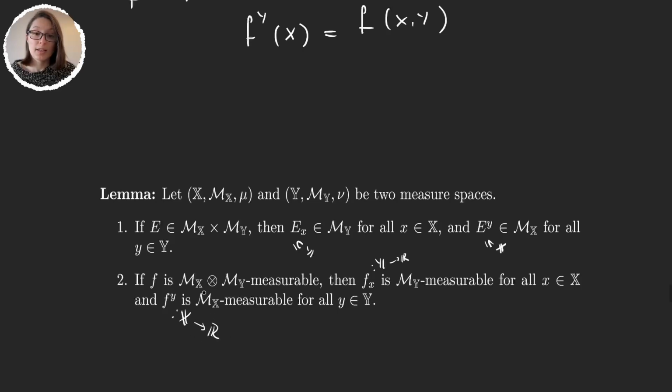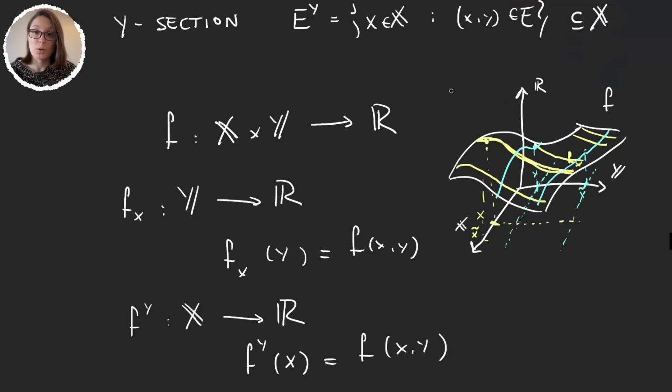These are X measurable, or sigma algebra of X measurable, for all y. So what we're saying is all these yellow lines, these are the x sections of this function f. Well, these are all functions that are all Y measurable. And remember, we like these properties of measurability for functions because it means we can integrate.